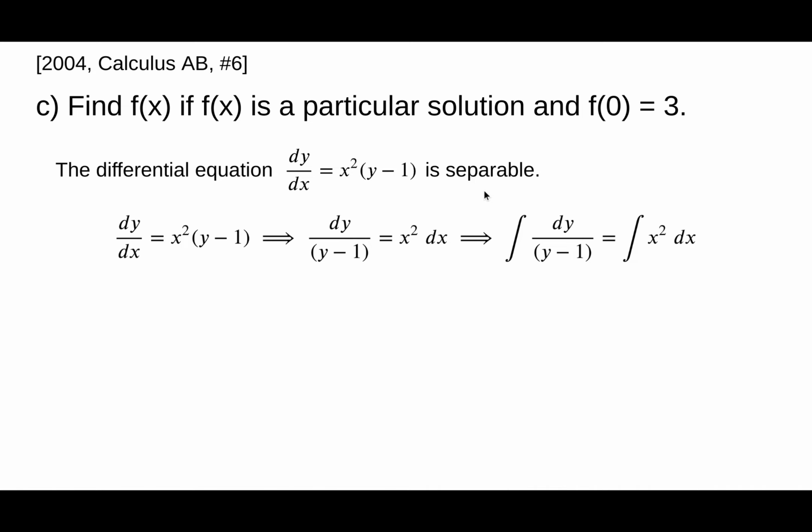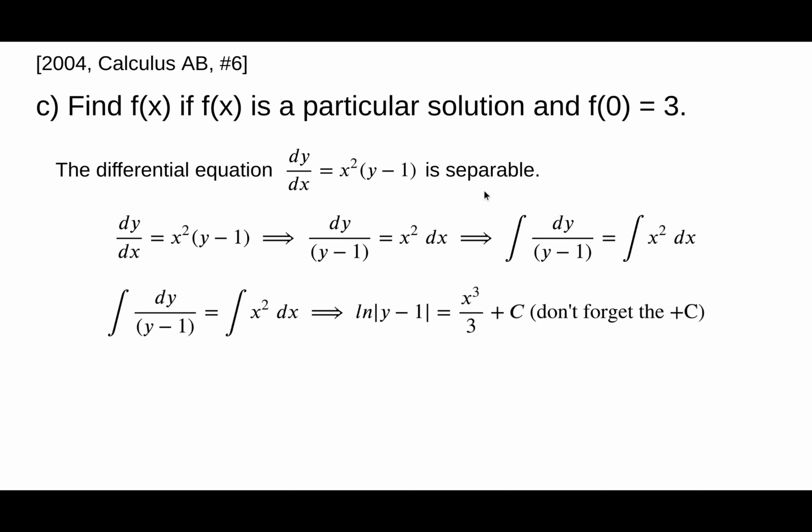We have the integral of dy over (y minus 1) equals the integral of x squared dx. We should be able to find those antiderivatives. The antiderivative of dy over (y minus 1) is the natural log of the absolute value of y minus 1, and the antiderivative of x squared is 1/3 x cubed plus c.